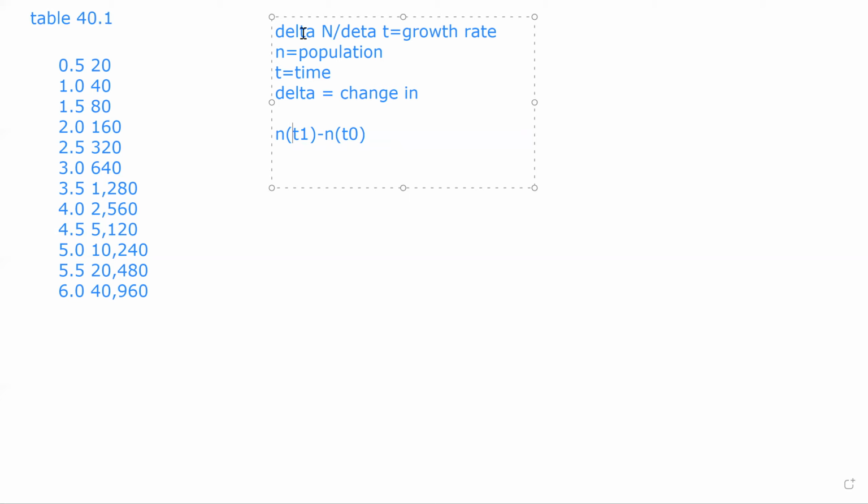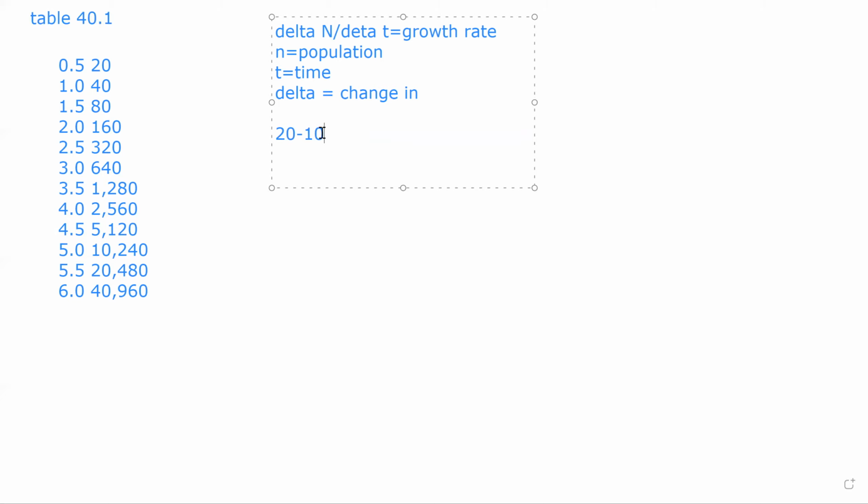So what we're going to have for our N1 is going to be 20. And we're going to have for our N0 is 10, because at the first half-hour mark, we've got a population of 20.